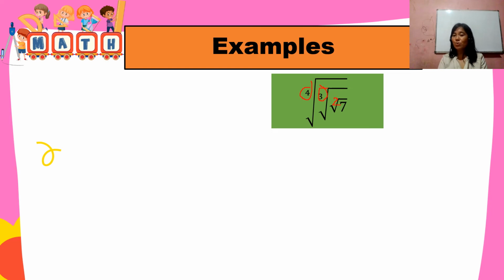Ayan, merong 2, invisible yung 2. Okay, so multiply natin silang lahat. 4 times 3 is 12, times 2 is 24. So, yung index natin will be 24. Yan. Tapos, gawa na tayo ng ating yan.